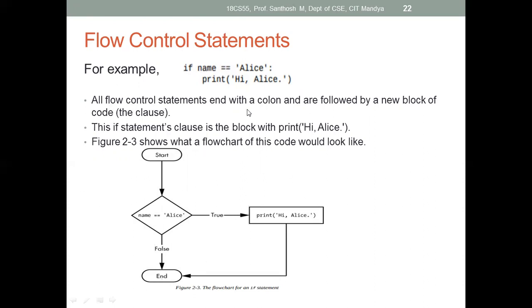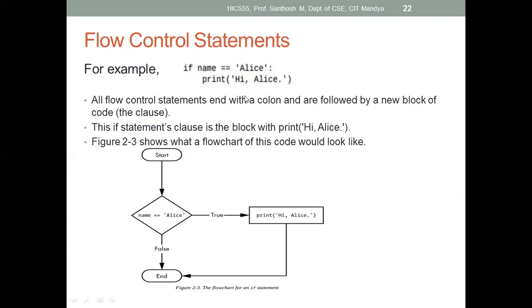All flow control statements end with a colon and are followed by a new block of code called a clause. Not only if, but for other control statements also, like else, elif, while, and for. After that, flow control statements end with a colon followed by a new block of code called a clause. This if statement's clause is the block with print Hi Alice.